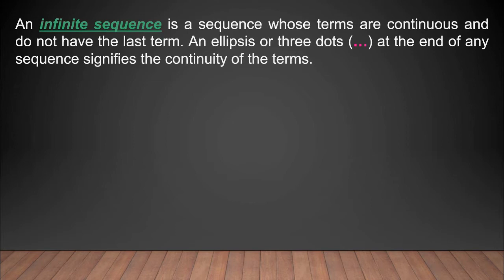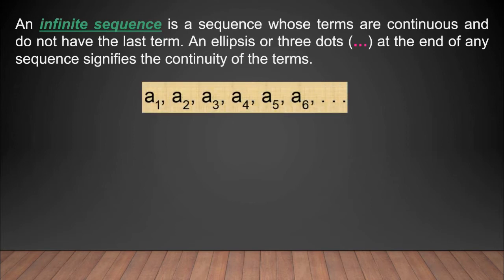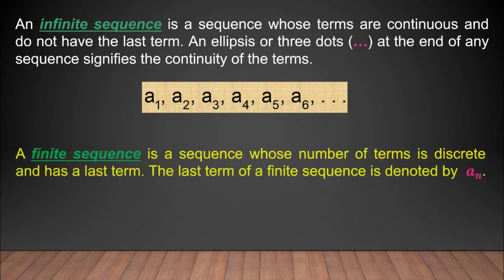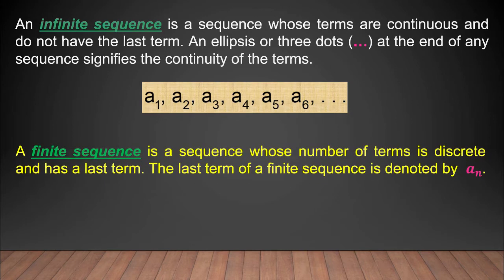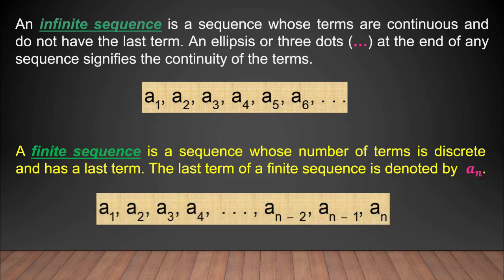Now, there are two kinds of sequences. We have the finite and the infinite sequence. Now, as opposed to an infinite sequence, a finite sequence has a last term. And the last term of a finite sequence is denoted by a sub n.